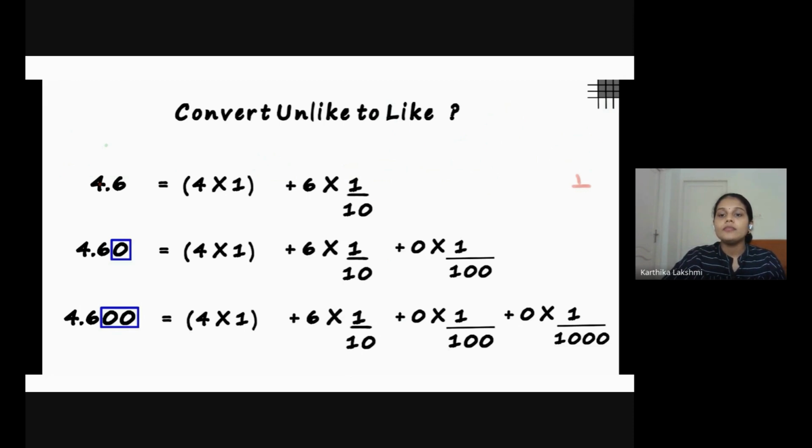And the next number is 4.60. How many digits are in the decimal part? There are two digits.